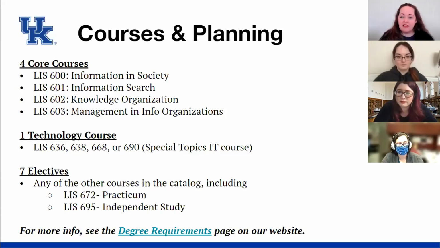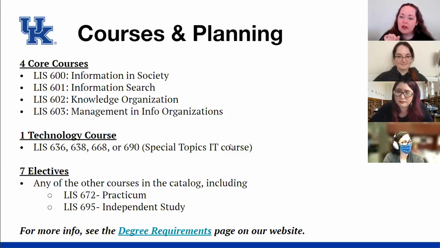Or if you feel like you're a little advanced and don't need to start with a foundational class, you can take something like our 668, which is all about database building, or also some of our special topics classes. They have the course number of 690. Some of those are IT focused as well. And Heather always does a great job when she builds the catalog. She'll note specifically which 690s count as a technology class so that you never have to wonder about it.